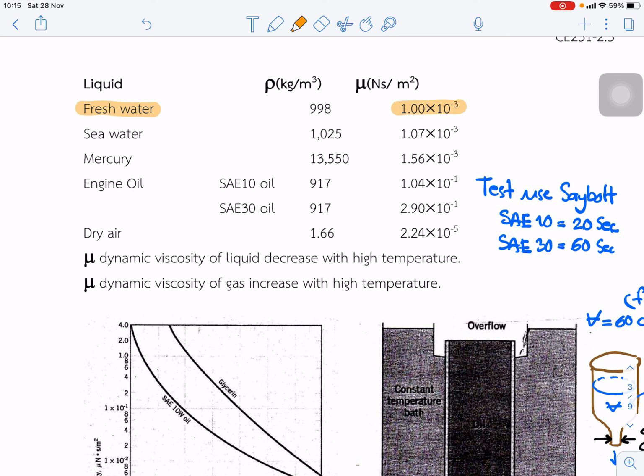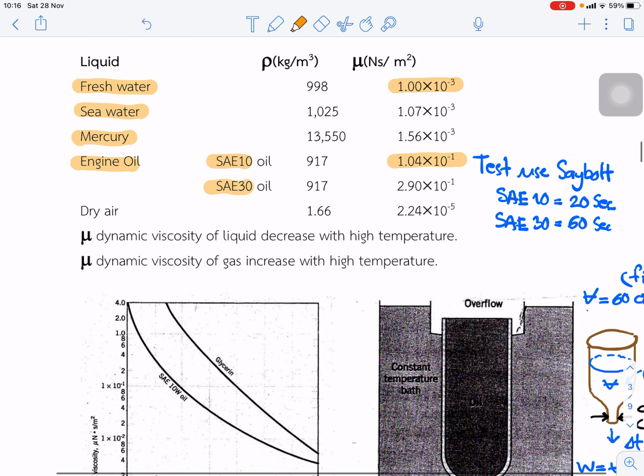Okay, the seawater is a bit higher. Mercury is higher than the fresh water. And engine oil is very high compared to this, about 10 to the power minus 1. And for the engine oil, they use the symbol SAE 10 or SAE 30 oil.